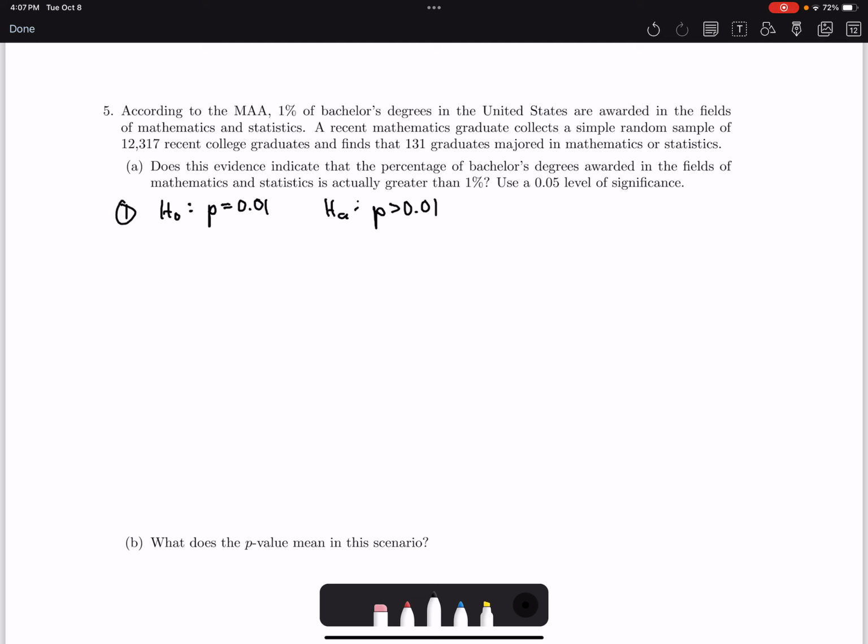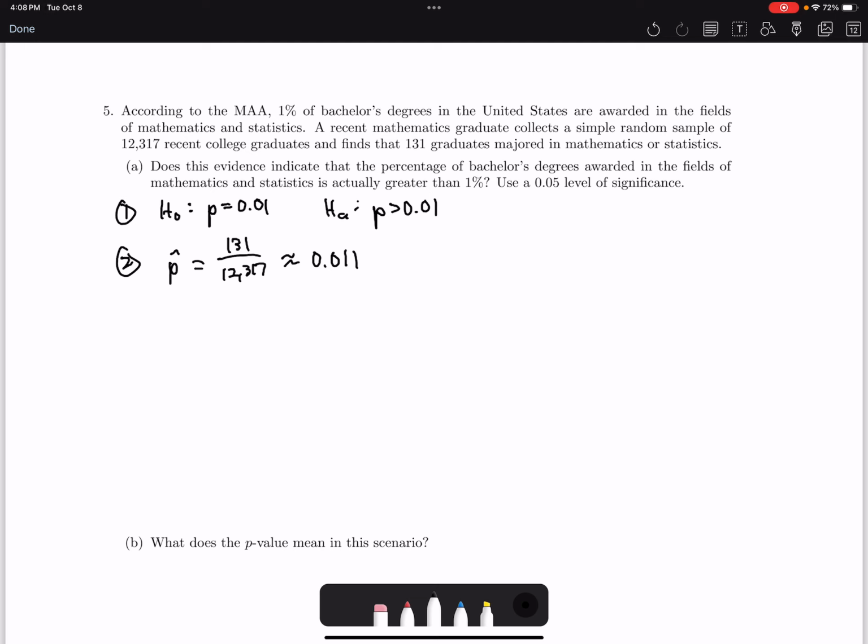The sample evidence that we have in favor of the alternative hypothesis is that 131 out of 12,317 graduates were math and science graduates. So let's see, 131 out of 12,317 is approximately 0.011. So it's like 1.1%.